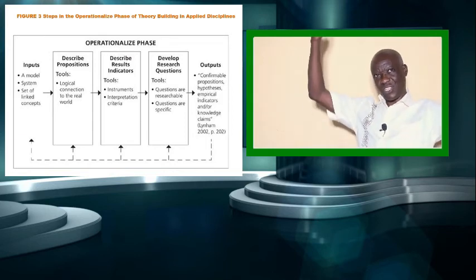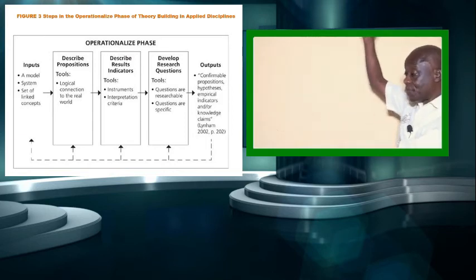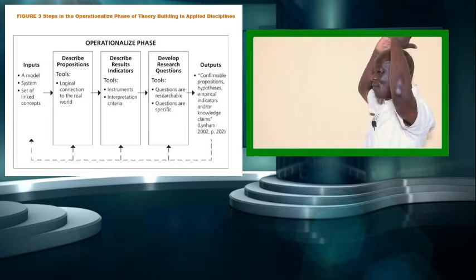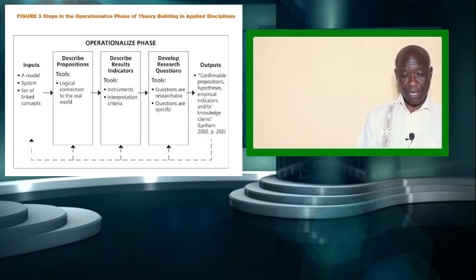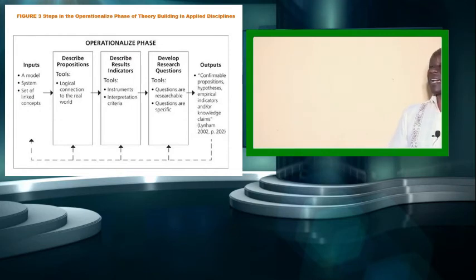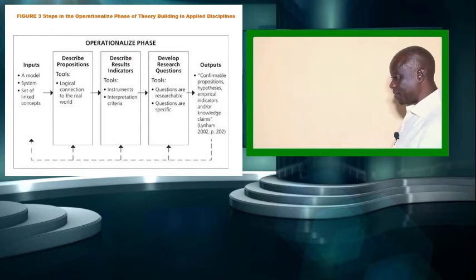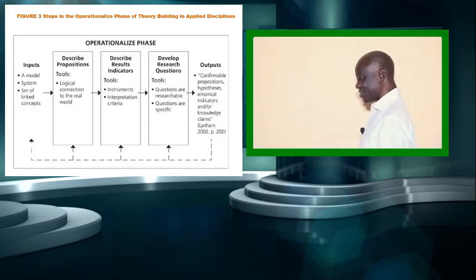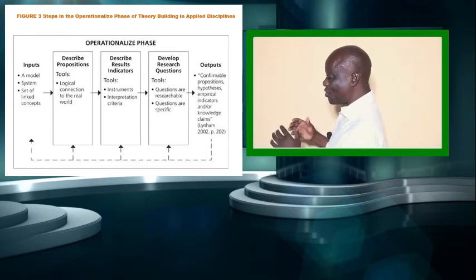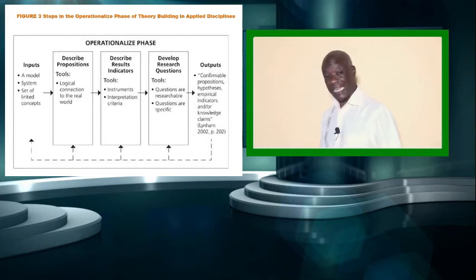As you can see on the screen here, outputs from the operationalized phase are confirmable propositions, confirmable hypotheses, confirmable indicators, and confirmable knowledge claims. And therefore, a theory without these elements does not constitute a theory, because there would be no way to judge its accuracy in describing or explaining some instance of human activity.